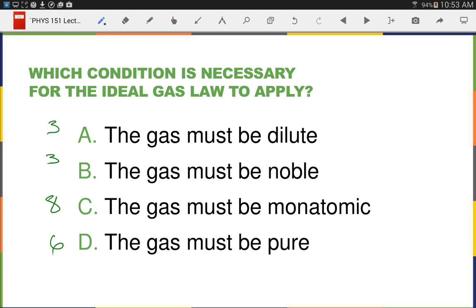Go back to what we learned on Flip Friday. On Flip Friday, we said the textbook gives us one condition for an ideal gas. What was that one condition the textbook gives? High temperature. The textbook says high temperature.